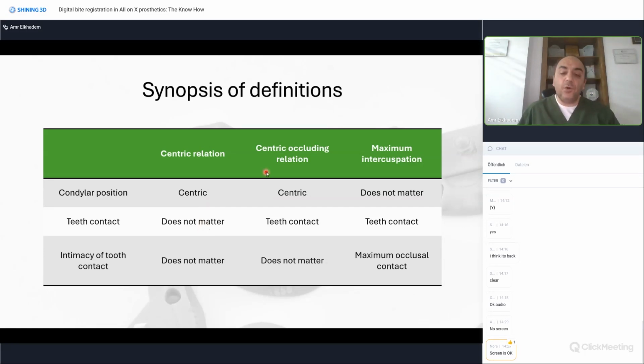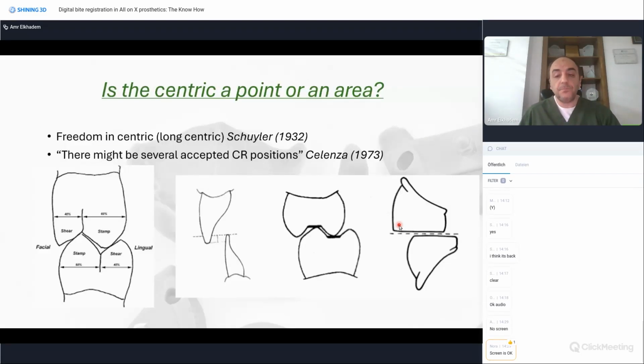But in the centric occluding relation, the condyle is in the anterosuperior position, and the teeth are contacting at the exact vertical dimension. In the maximum intercuspation, the condyle position is not necessarily the centric one, but we have maximum intercuspation at this position.